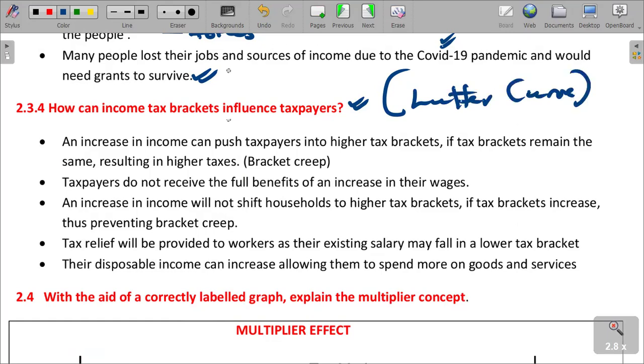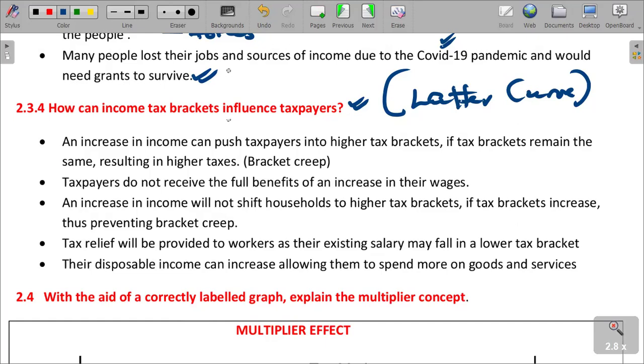The Laffer curve is a graphical analysis of the influence of the taxing brackets versus the compliance in tax payment. So how does that income tax bracket influence taxpayers? I'm going to bring it to you in the next presentation, where we talk about that.